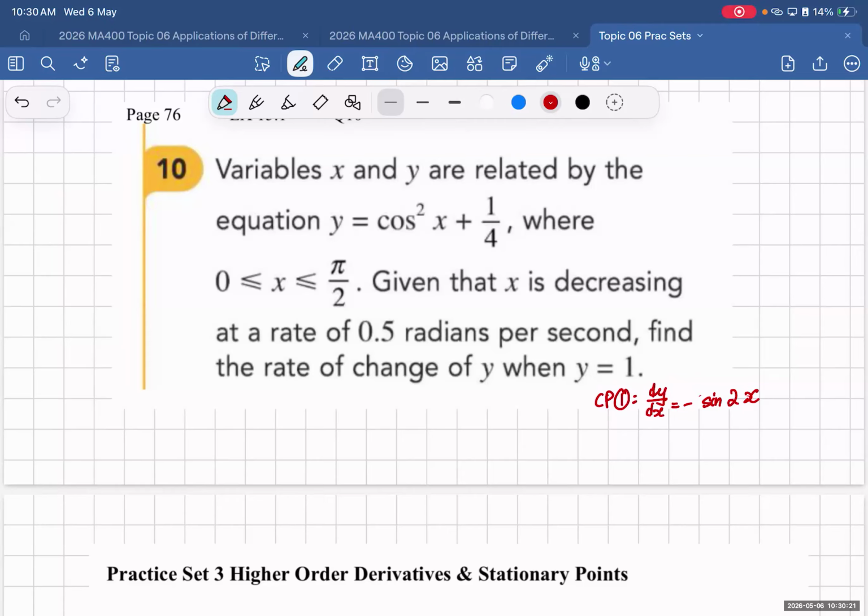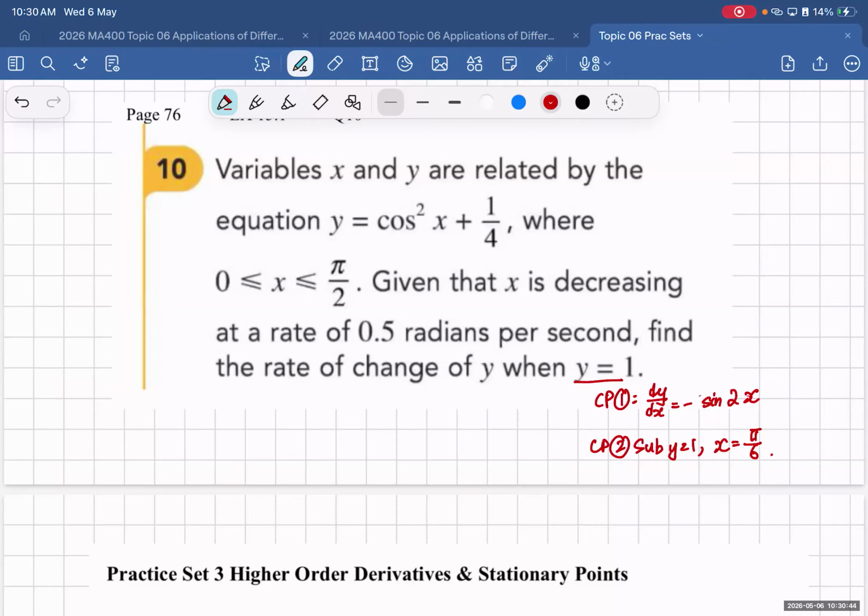Then here, when they give you y equals to 1, checkpoint 2, you sub y to be 1. Because everything is in terms of x, you get x to be pi over 6. Remember, you're not subbing x as 1. You are subbing y as 1. But the curve is in terms of x.